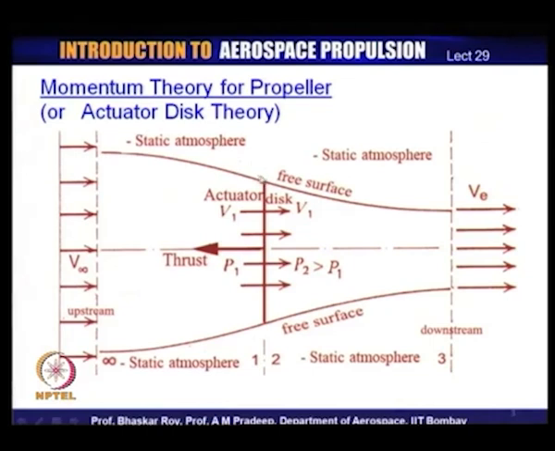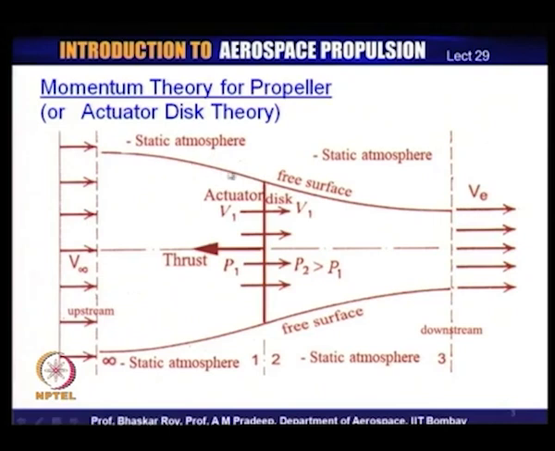What this theory does is it models the entire propeller flow. First of all, it replaces the actual propeller with this actuator disc, which is working in a free environment. So, you have static atmosphere all around, and then you have this virtual domain which has been created by the flow of air into the propeller, which is the actuator disc, and this domain is now assumed to have a free surface like this.